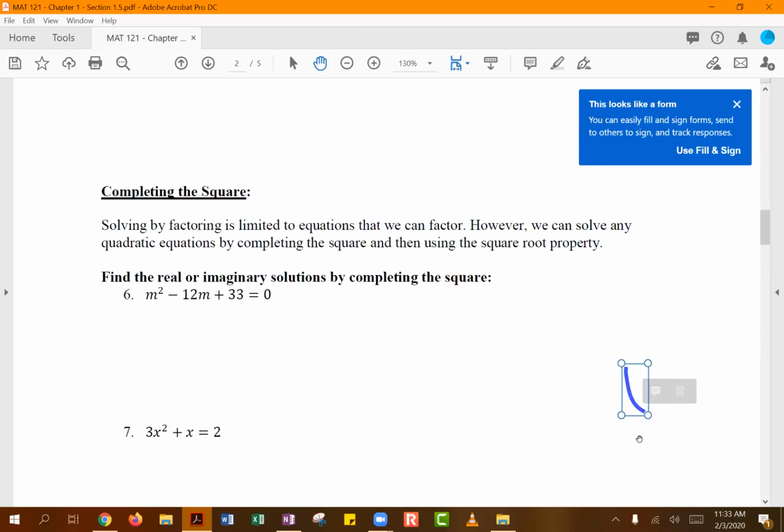And then now put it into a single parentheses. x plus 1 over 6 to the second power equals 25 over 36. Factor the left-hand side, add the right-hand side, and of course, we're ready to use our square root property at this point.